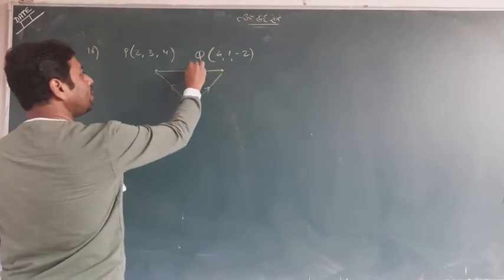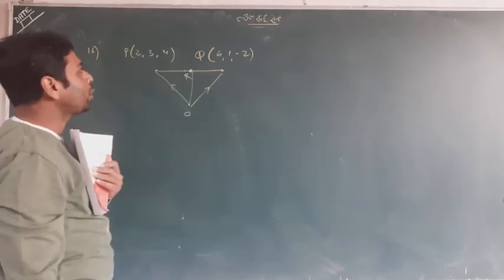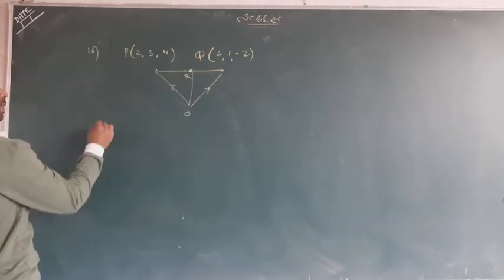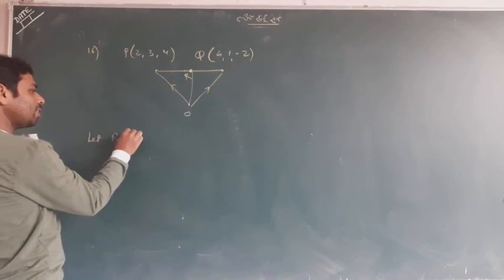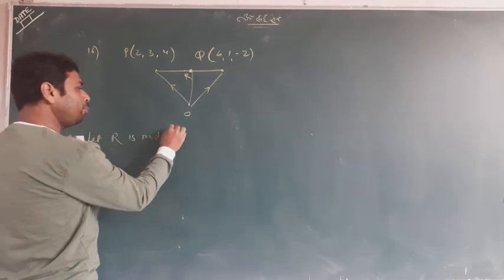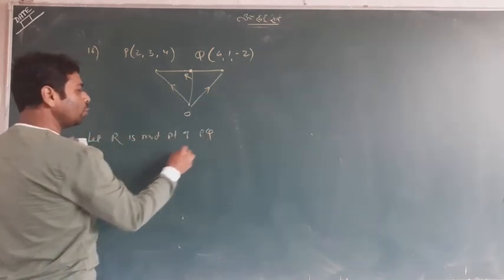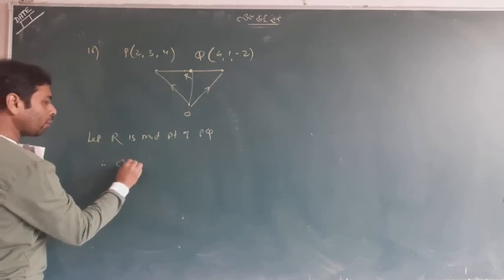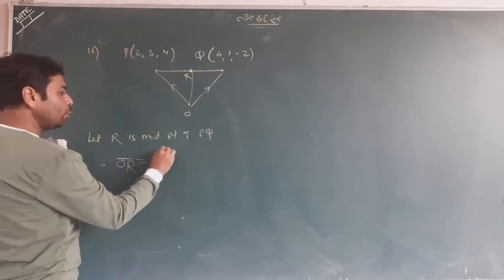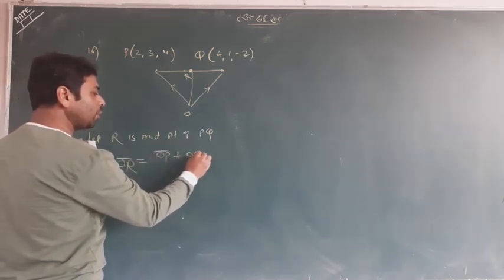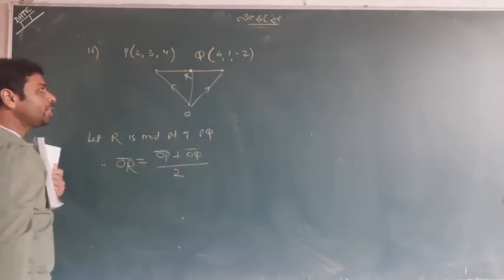Let R be the midpoint of PQ. So you remember that the position vector of R is equal to the position vector of P plus the position vector of Q upon 2. It's a division.